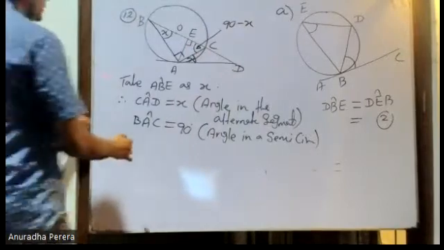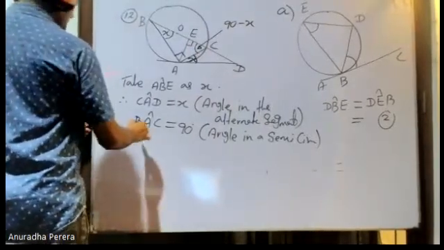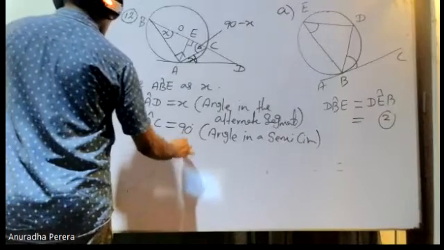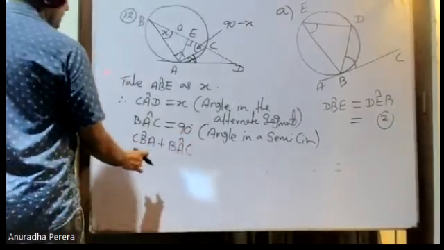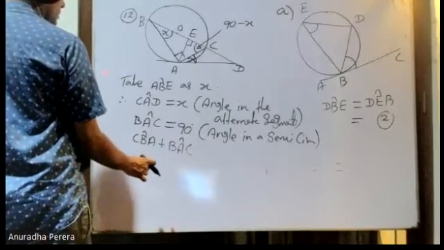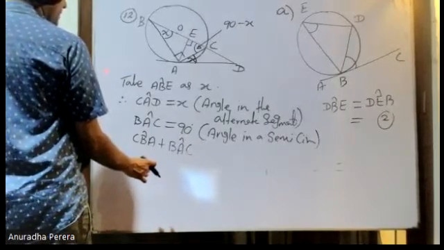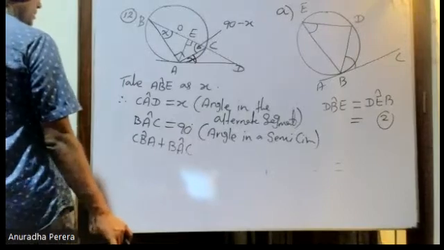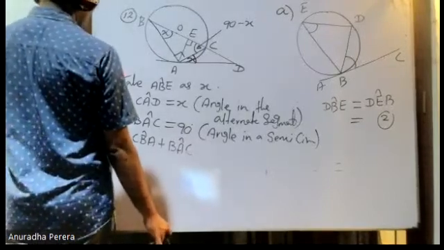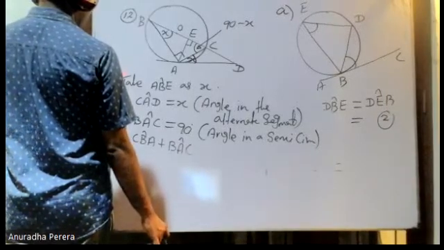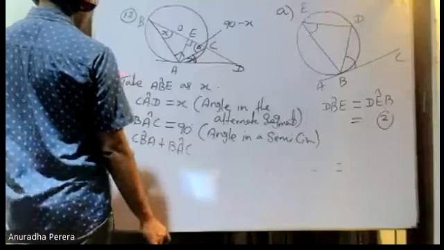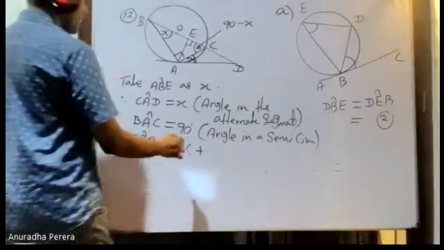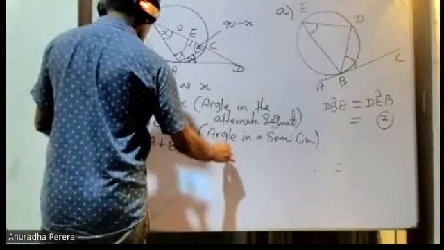You can prove it: CBA plus BAC plus ECA or BCA equals 180.